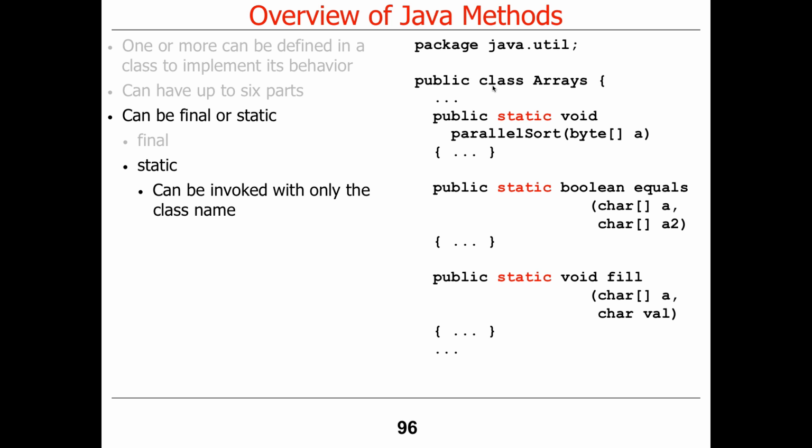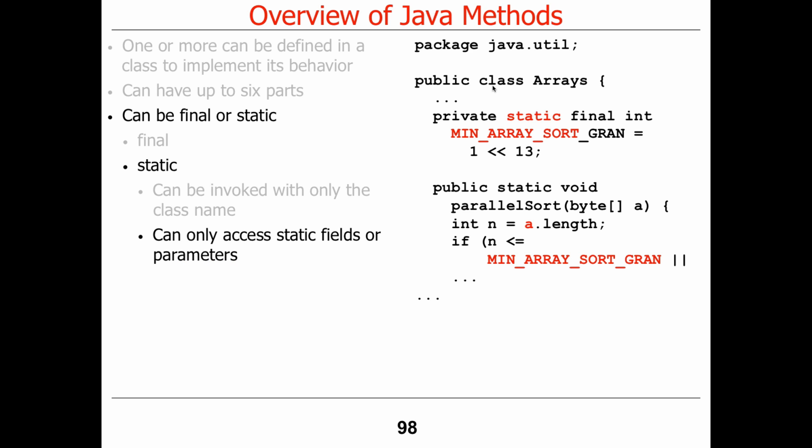And you can see that parallel sort, equals, and fill are all examples of static methods. And as a result, we can say arrays.sort and give it some array. And we don't actually have to have an instance of the arrays class. We can just call the method directly. So that's about the closest thing you're going to get in Java to a good old-fashioned function call in a procedural language like Pascal or more like C.